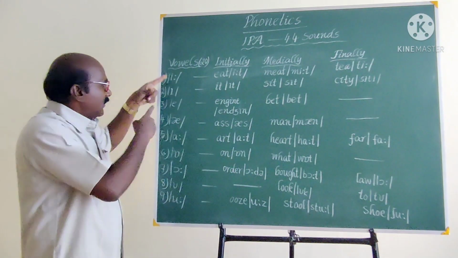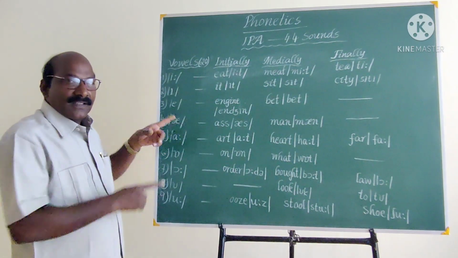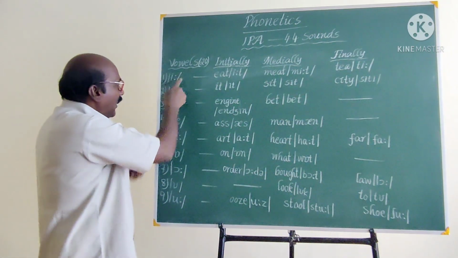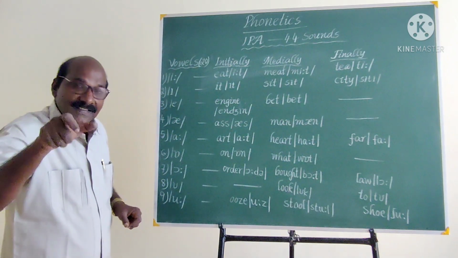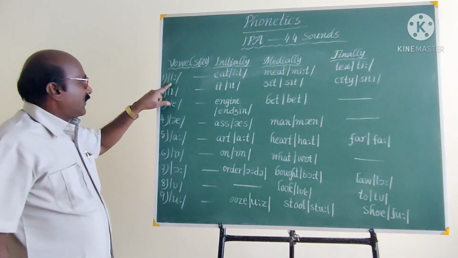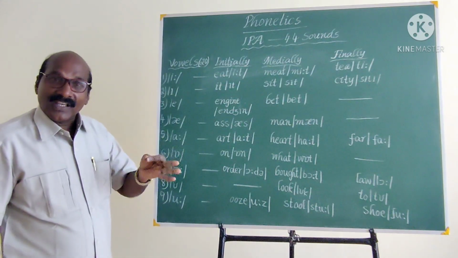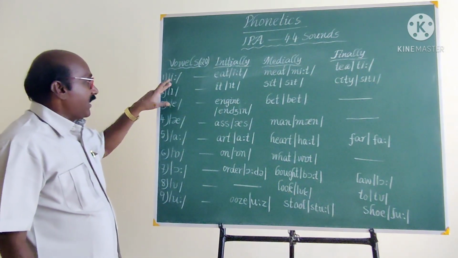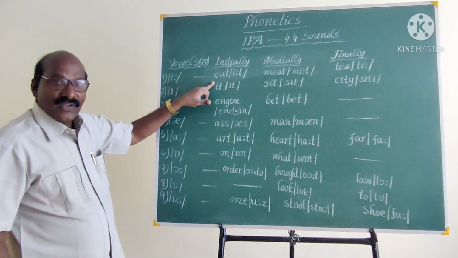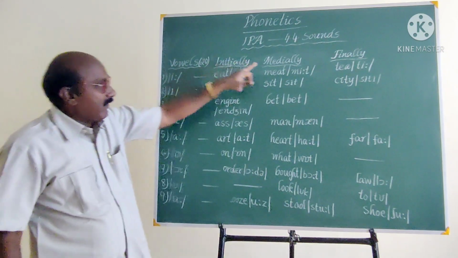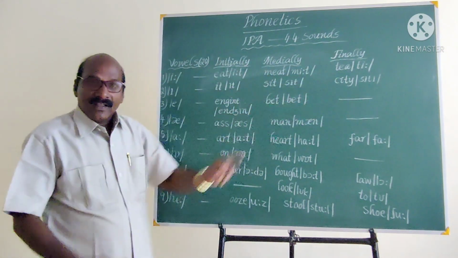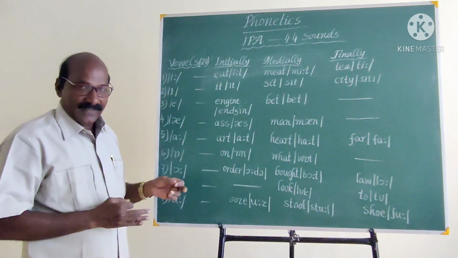See, the symbols are kept only in slashes, in between the slashes. This sound is said to be E, long E, as in eat. See, initially, medially and finally, this sound occurs.